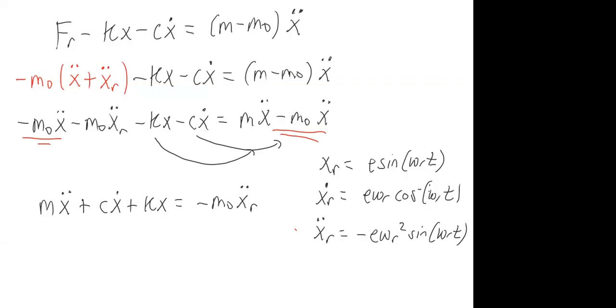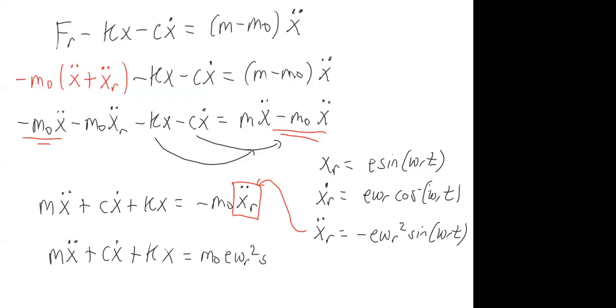We'll plug that in right there, and we'll see that the negative signs cancel. So you get Mx double dot plus cx dot plus kx. That is equal to m naught e omega r squared sine omega r t.